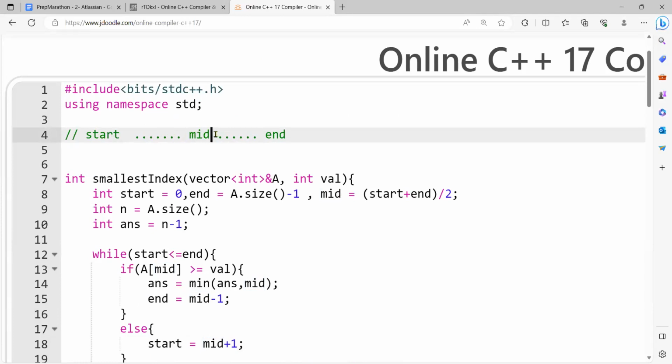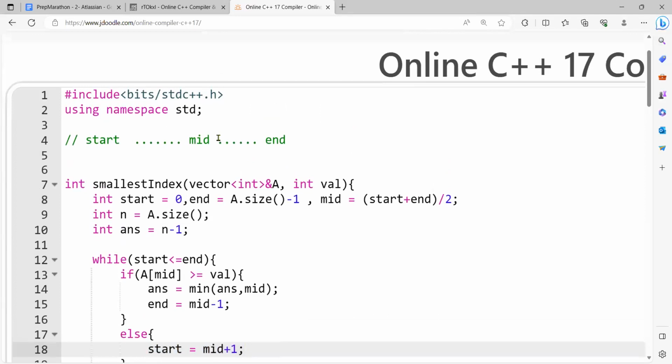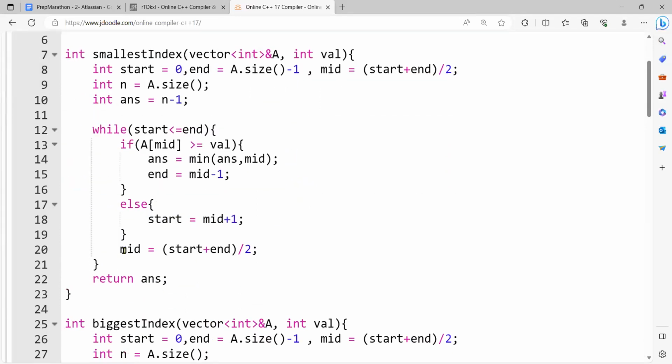In this way, we need to update our start point. Okay. So here we are updating our start point to mid plus 1, because mid is not satisfying. So it makes sense that all values from start to mid will not satisfy. That's why we are updating our start point, because now we will search in this range. That's how binary search works.